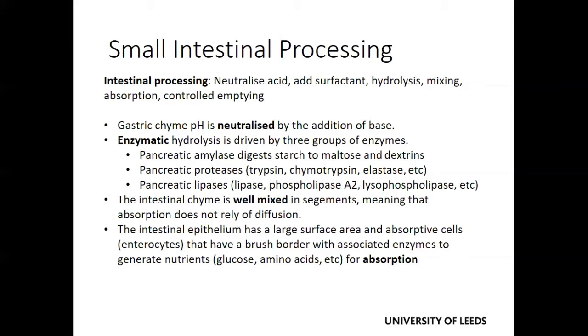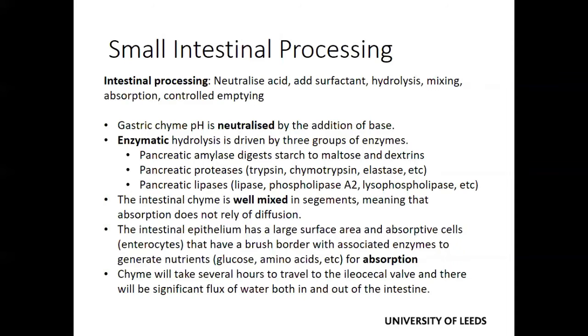So in the case of starch, the maltose is converted to glucose, and there are endopeptidases that will produce amino acids or small peptides, 2 to 3 amino acid peptides for absorption. Of course, that's not saying there aren't larger peptides that are absorbed, but the main role is to make sure that proteins are broken down to really small peptides for absorption.